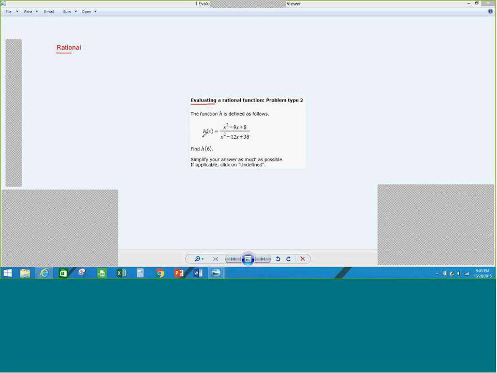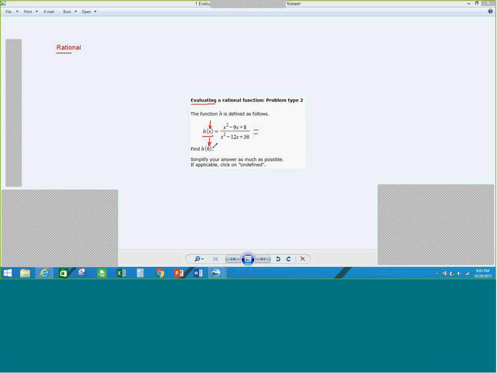Anytime I see this notation, this is called function notation, and it says that our function is a function of variable x, and below it, they've replaced the x with a numerical value, in this case 6.